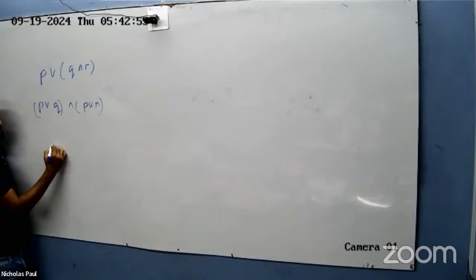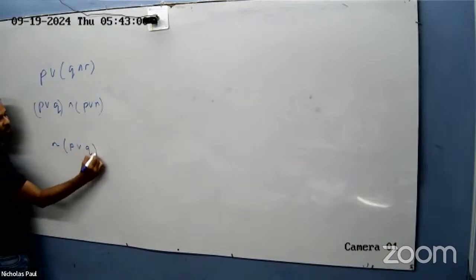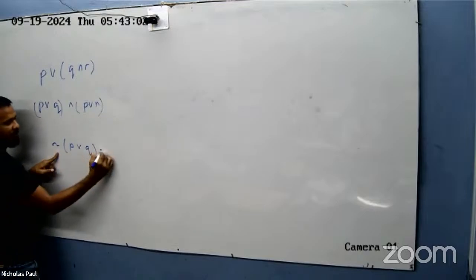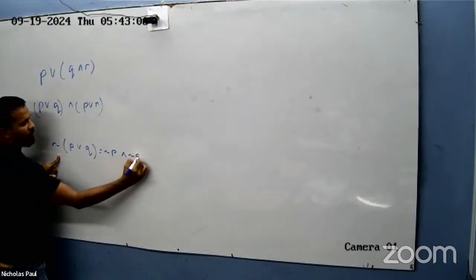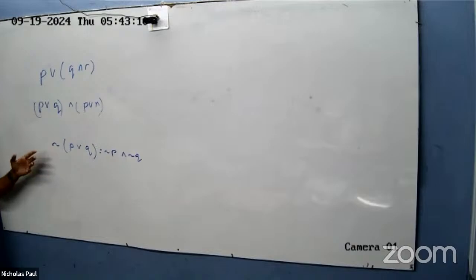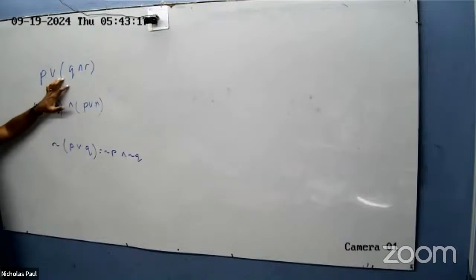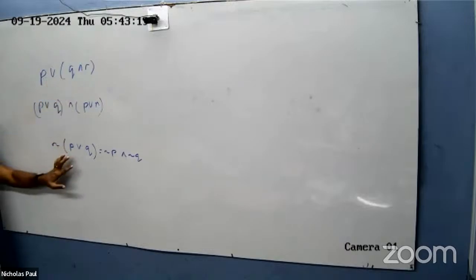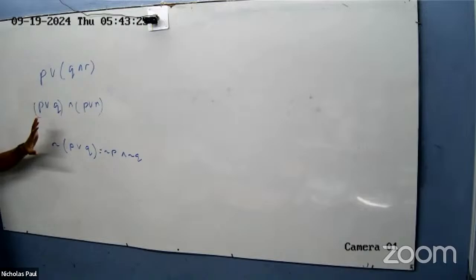If I were to negate P or Q, I'll negate P, and negate Q. That's okay? These are the more advanced ones, but for now you definitely need the names. When you see this, you can go here, or when you see this, you can go here, or if you expand this, you'll get this. All right? So let's take a look at some examples.